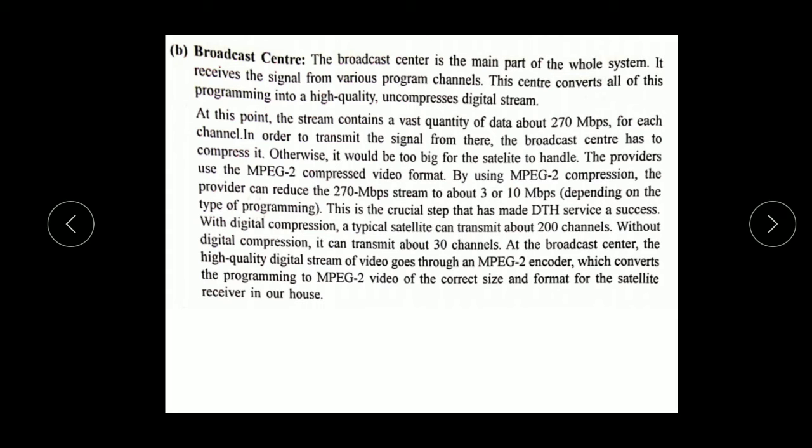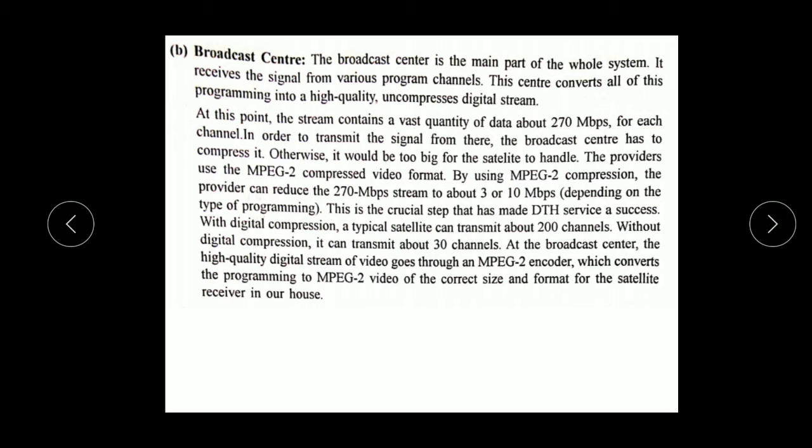This is the crucial step that has made DTH service a success. With digital compression, a typical satellite can transmit about 200 channels. Without digital compression, it can transmit about 30 channels.